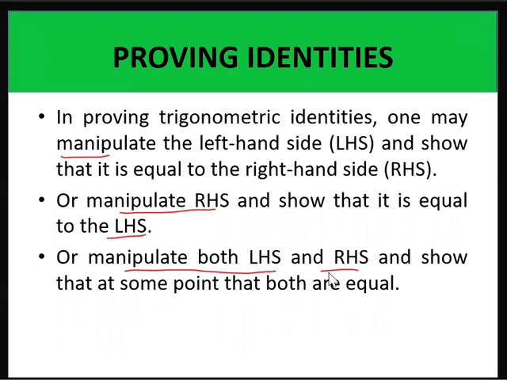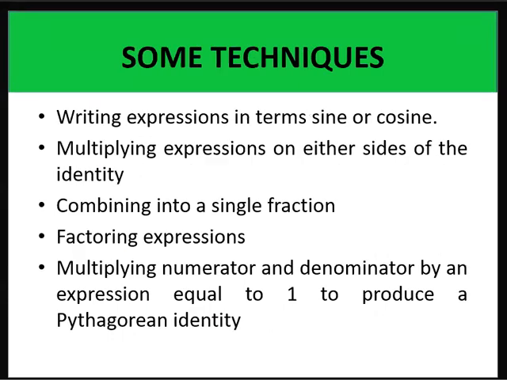Now, in manipulating these left-hand sides and right-hand sides, one might use the following techniques. Some techniques would require us to write the expressions in terms of sine or cosine or both sine and cosine. Sometimes we multiply expressions on the left side or we multiply expressions on the right side.